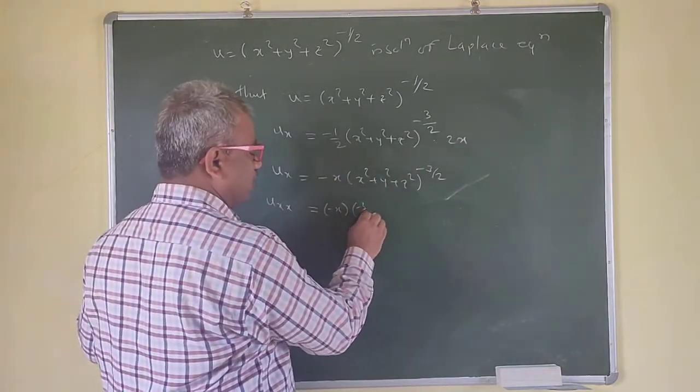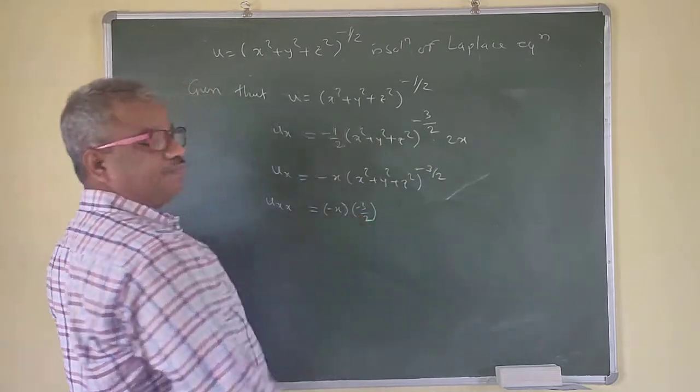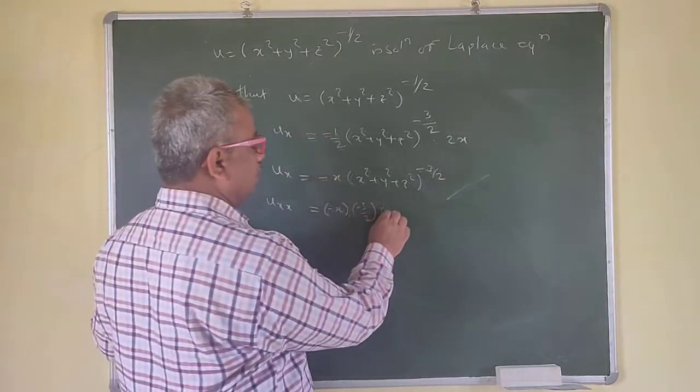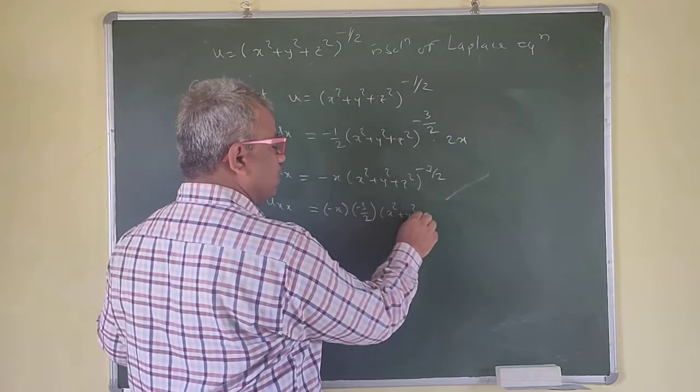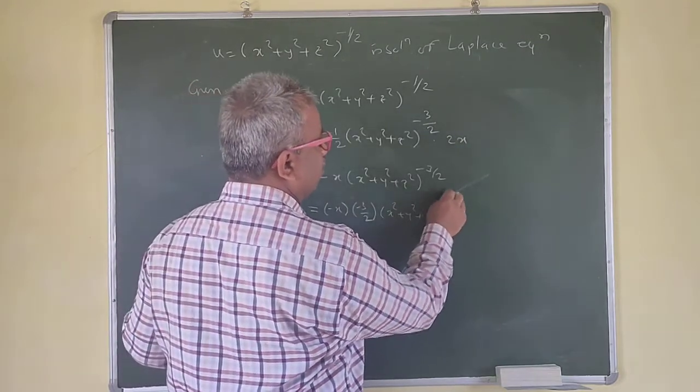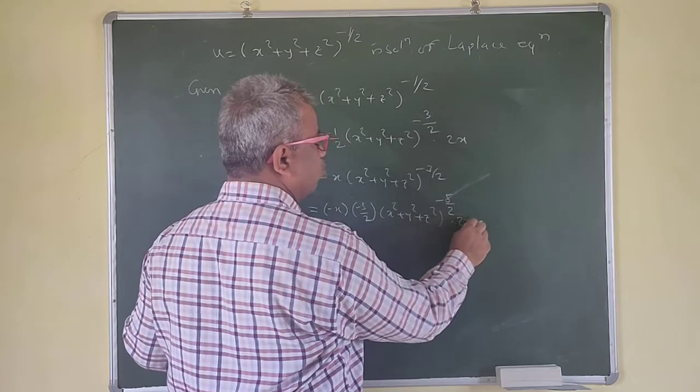This is minus 3 by 2; reduce the power by 1, so x square plus y square plus z square to the power minus 5 by 2 into twice x.